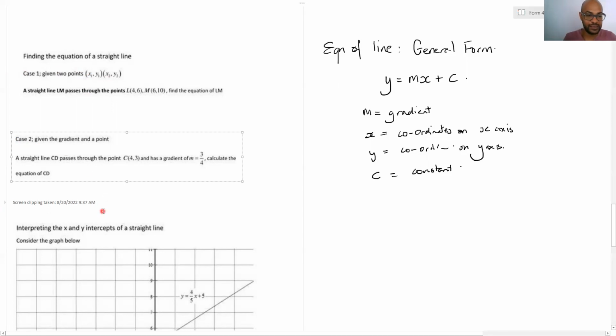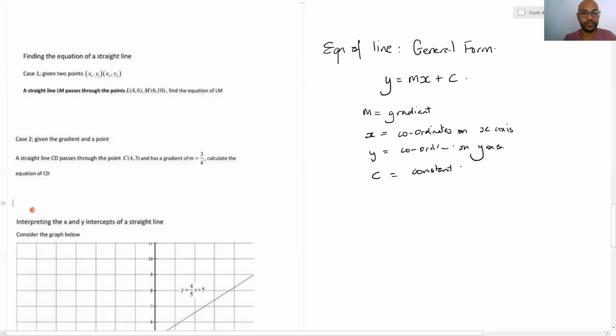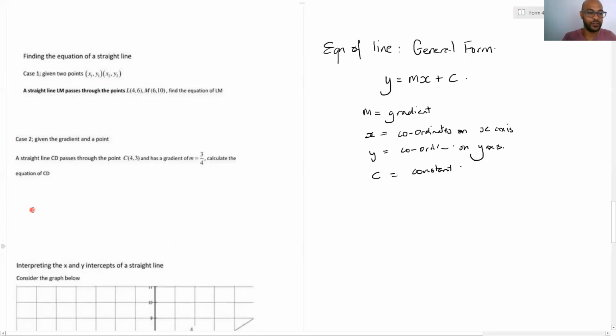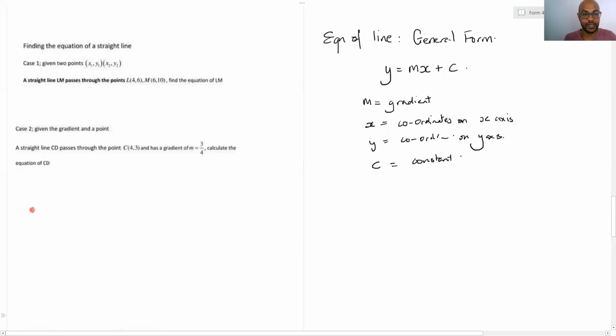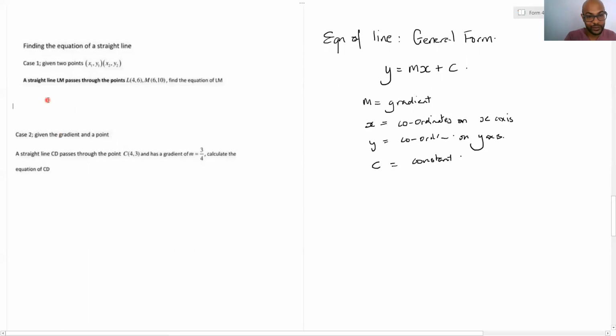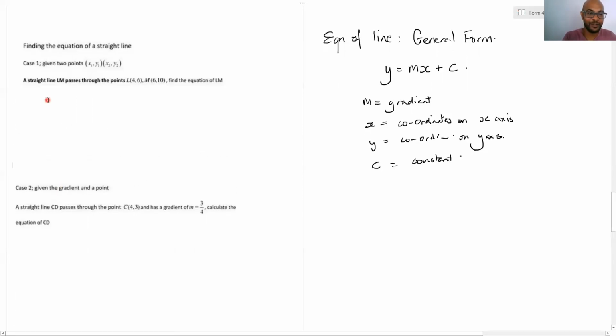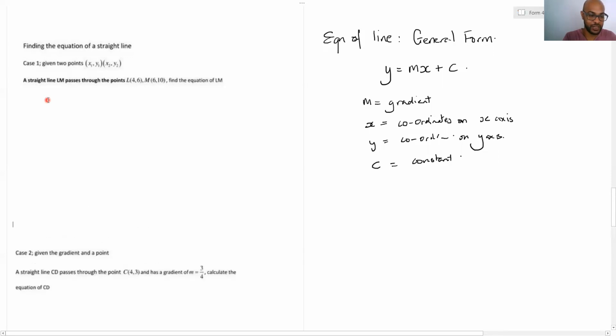Actually, I have a little less work to do when I am already given the gradient, right? If I'm not given the gradient and I'm given 2 points, I am required to go find that gradient first and then find the equation of the line. All right, so let's look at that.